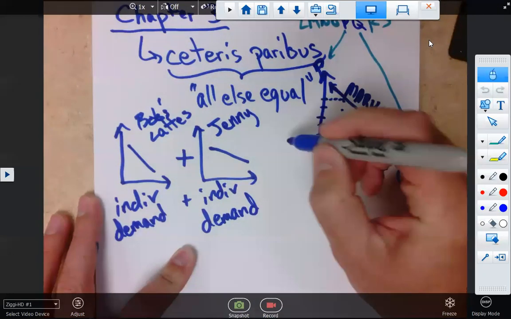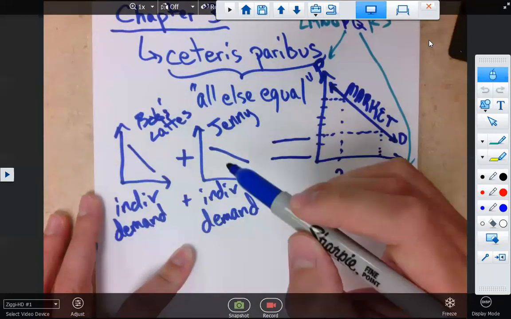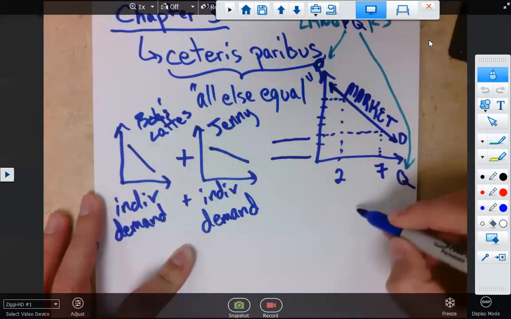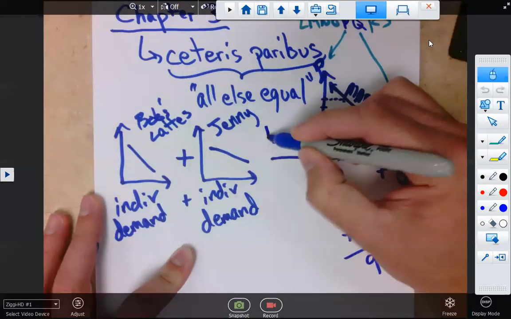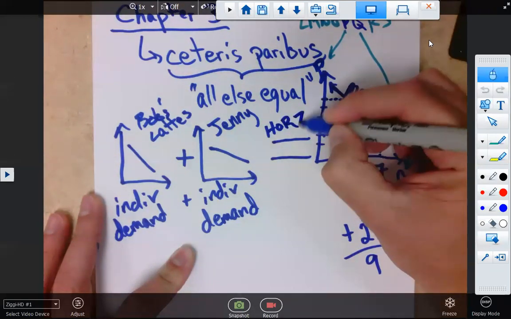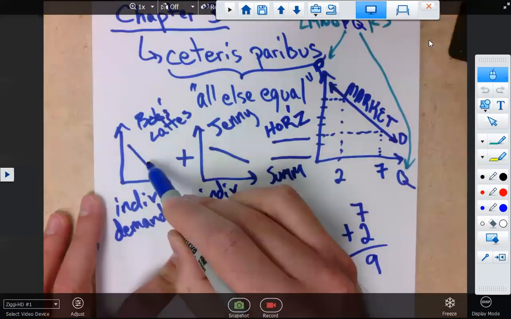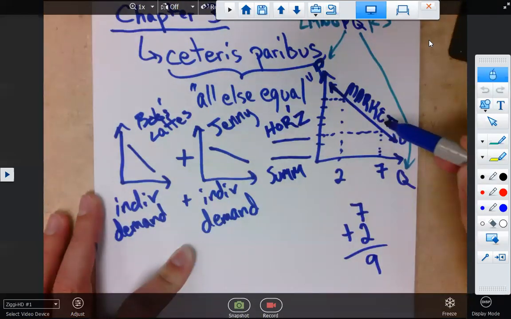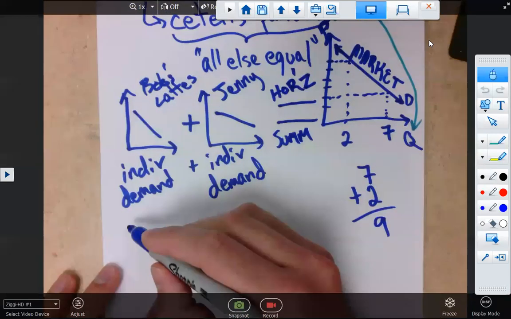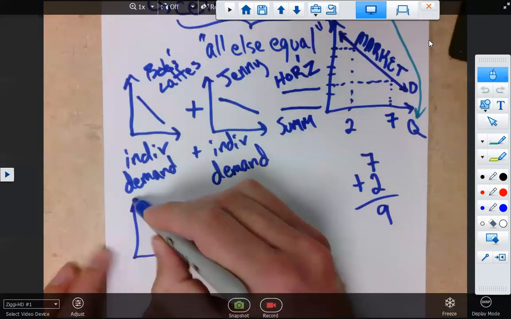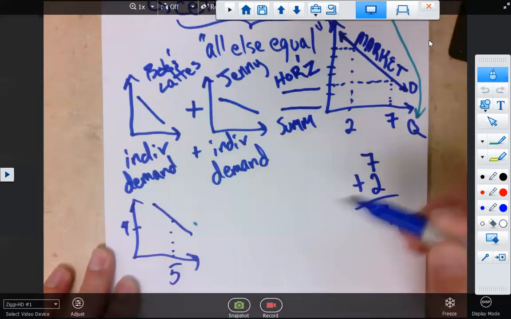And what we do is, what's it called? So we're used to vertically summing stuff, right? Like 7 plus 2 is equal to 9. This is horizontal summation. So it's taking this curve, adding this curve, and getting a market curve. So let's just quickly do an example. At the market price of $4, Bob's going to have 5 lattes a week.